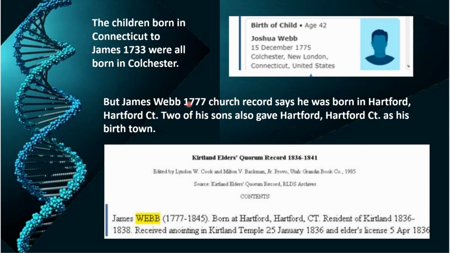But James Webb 1777 church record says he was born in Hartford, Connecticut. Two of his sons also gave Hartford, Connecticut as his birth town. Other researchers have looked at this data and said, well, yeah, but the original record only said Hartford, didn't say anything else, and everyone's trying to guess that it's Hartford, but that may not be accurate.